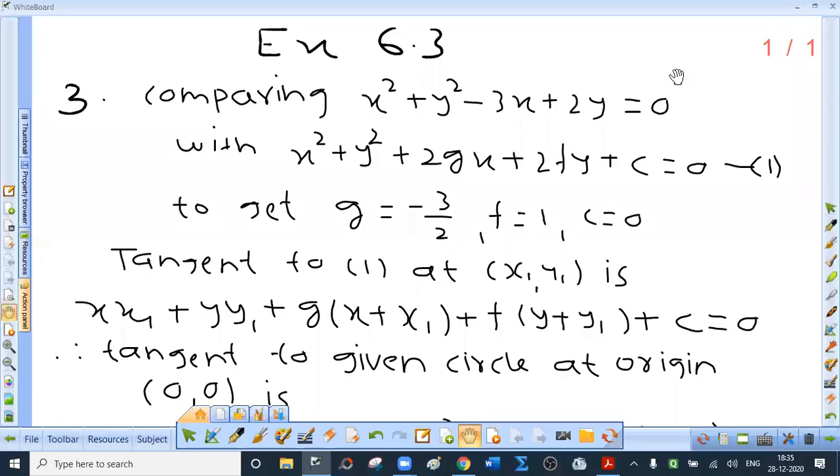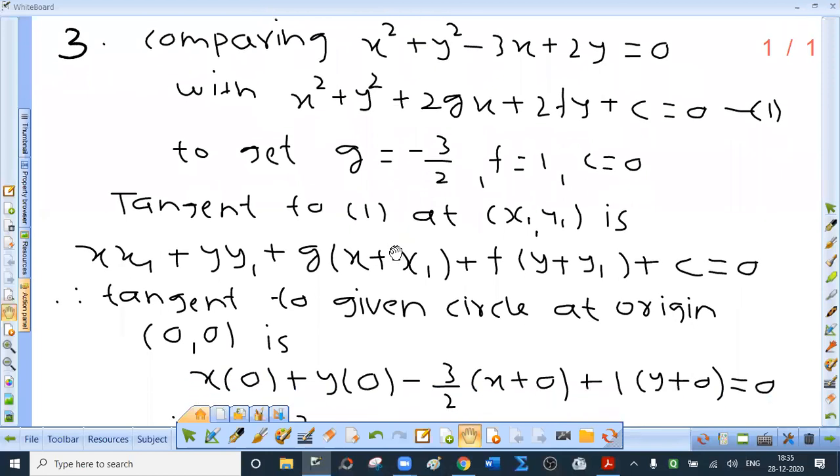Now exercise 6.3, sum number 3. Find the equation of the tangent to the circle x² + y² - 3x + 2y = 0 at the origin. Just compare: g is -3/2, f is 1, c is 0. The tangent is drawn at (x1, y1), which is the origin (0, 0).